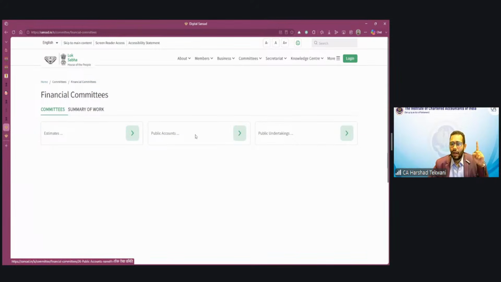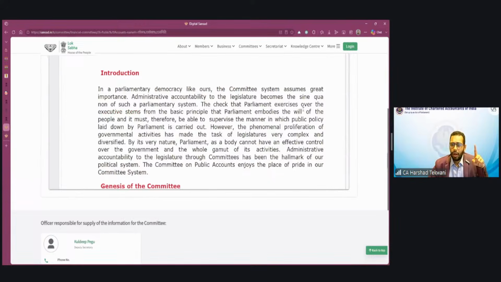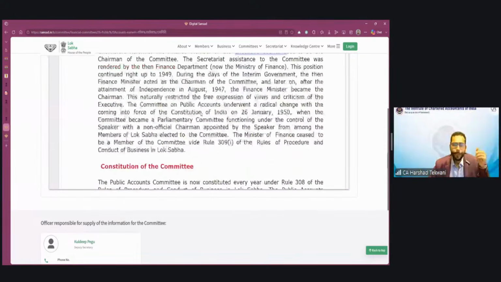The second committee is the public accounts committee. It was first set up in 1921, in the pre-independence era. At that point in time, the finance member, a member of the executive council, was involved.